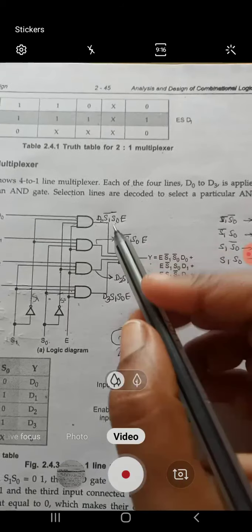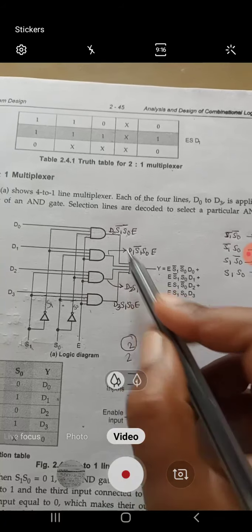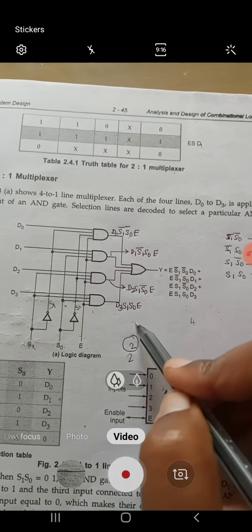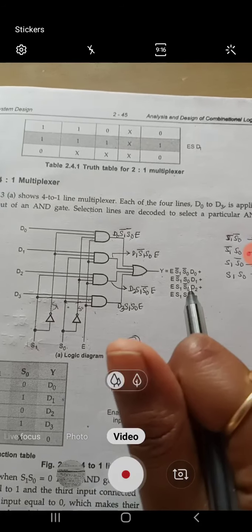See here, D0, D1, D2, D3 all remain the same. E also remains the same. What is varying? S0 and S1 are varying. In what fashion?